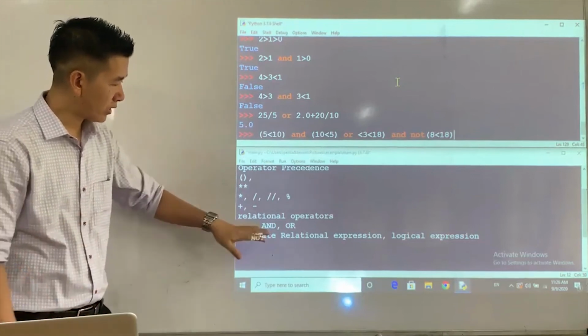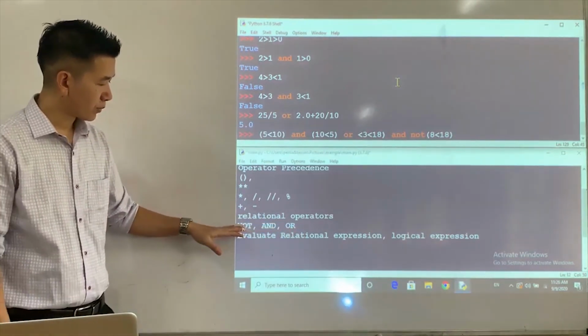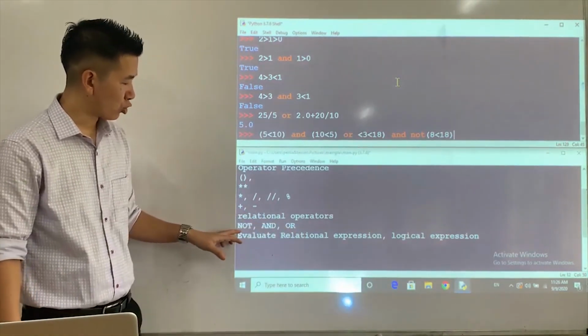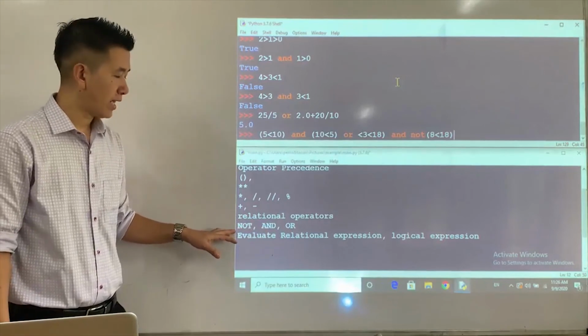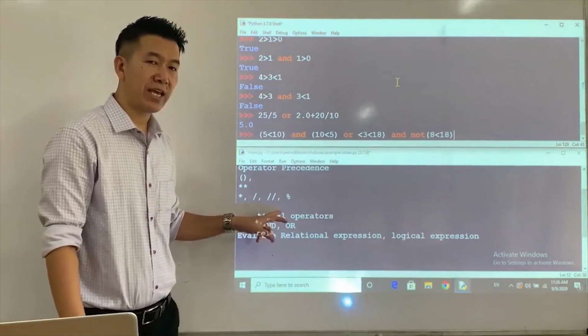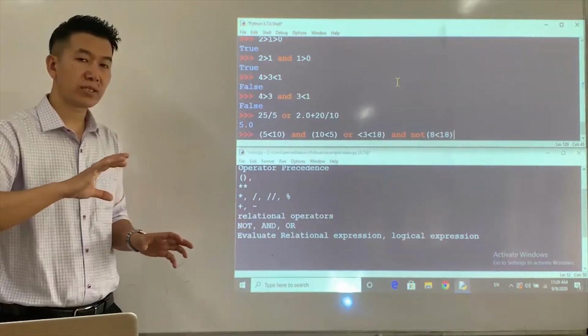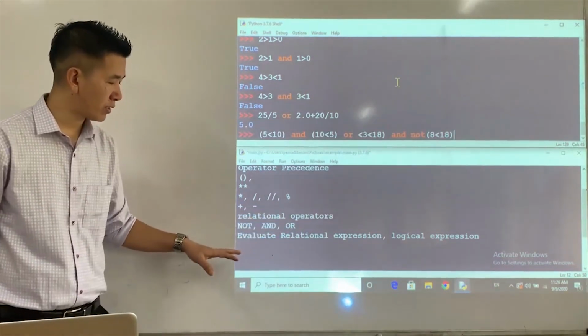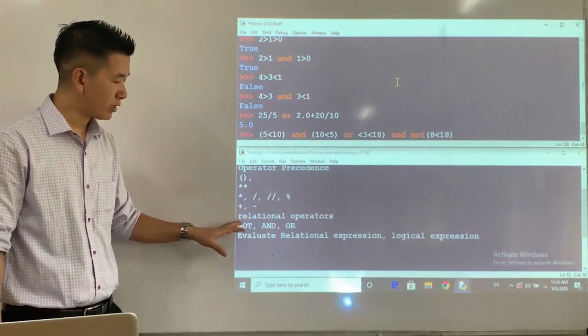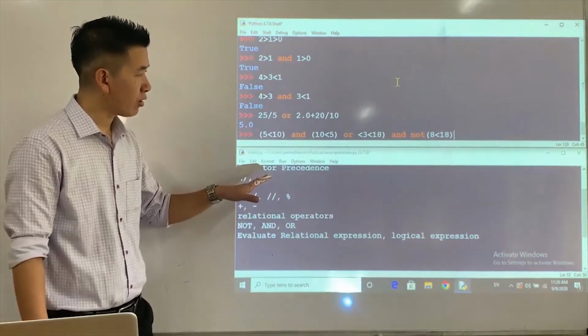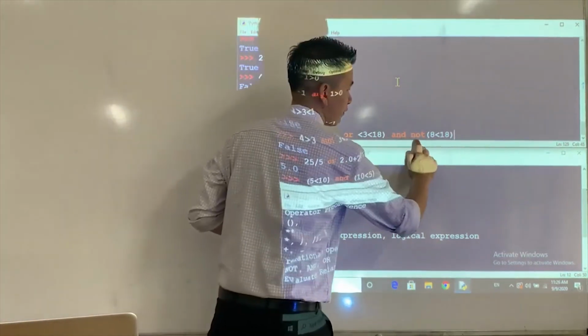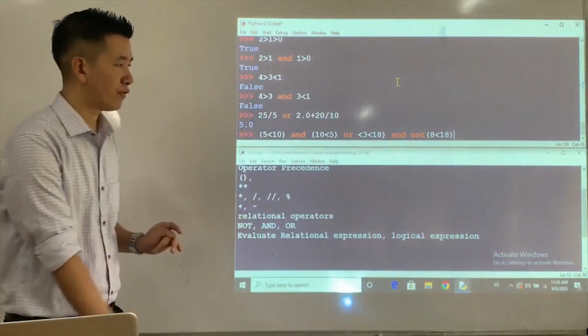That's when precedence comes into the picture. You should always start with not, and then and, then or. So this is the first one that needs to be resolved.